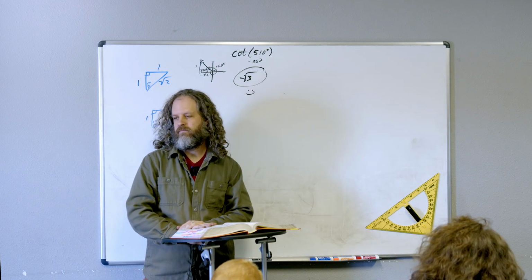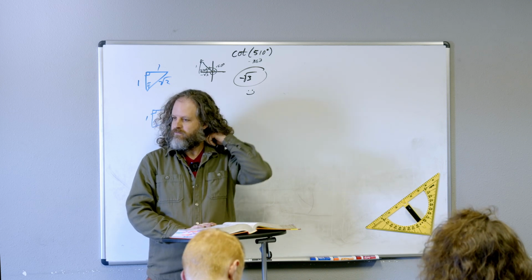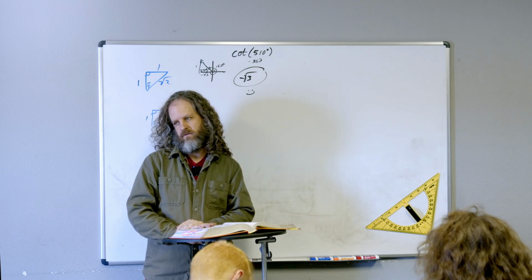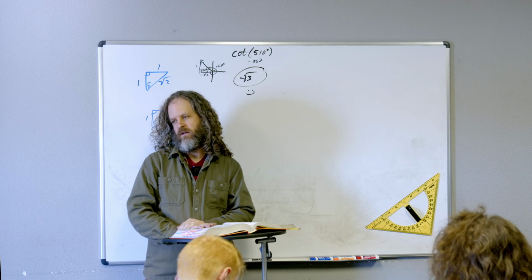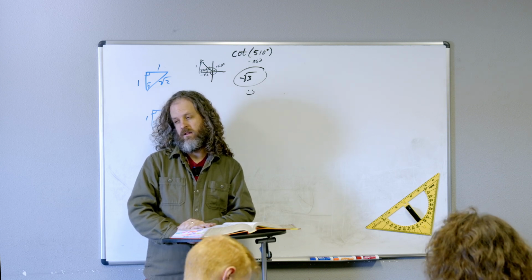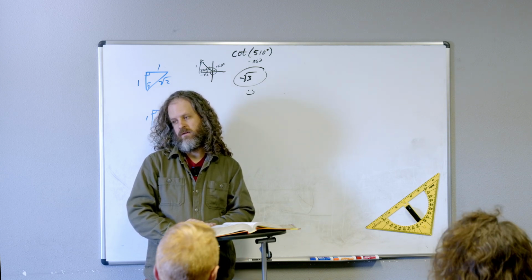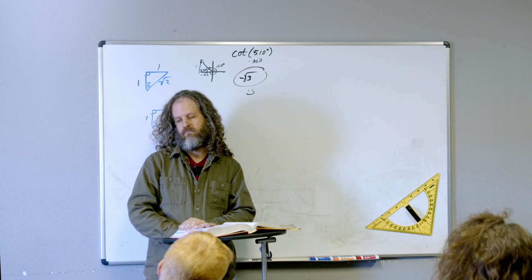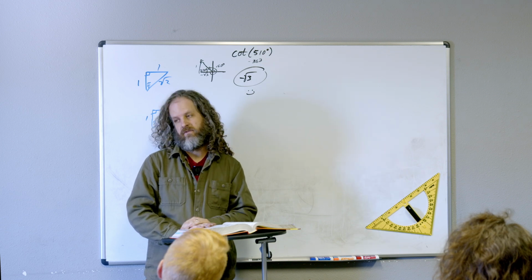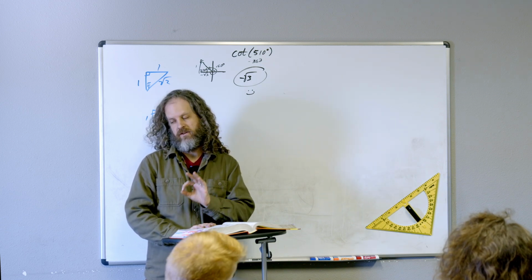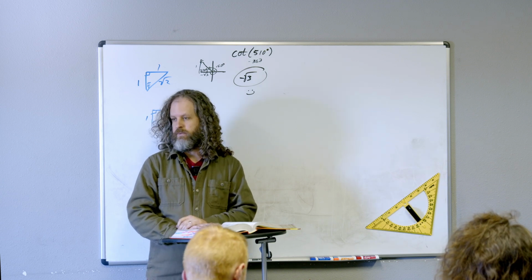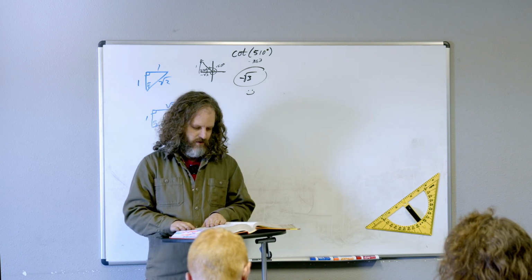Which quadrant they're in, and all students take calculus. We'll do that in a second. But how do you know if the square root of 3 is sine or cosine? Square root of 3 in that example was x. So cosine is x over r. Does that make sense? Good.